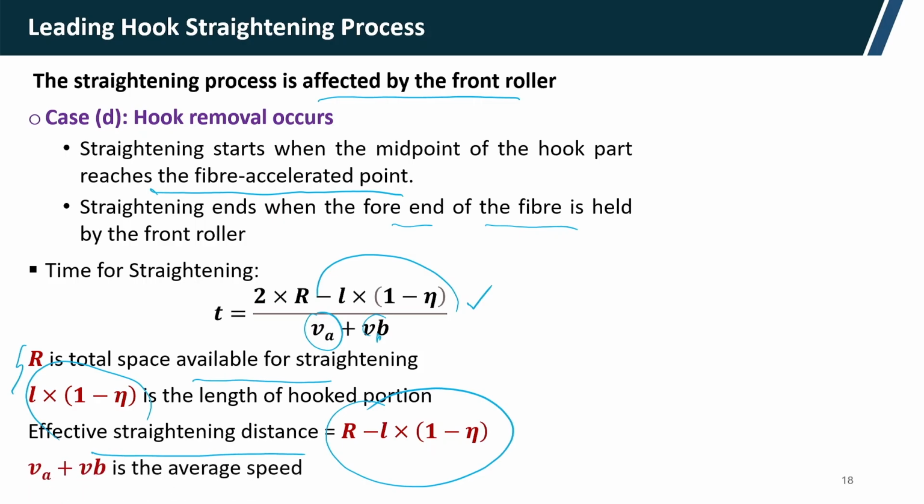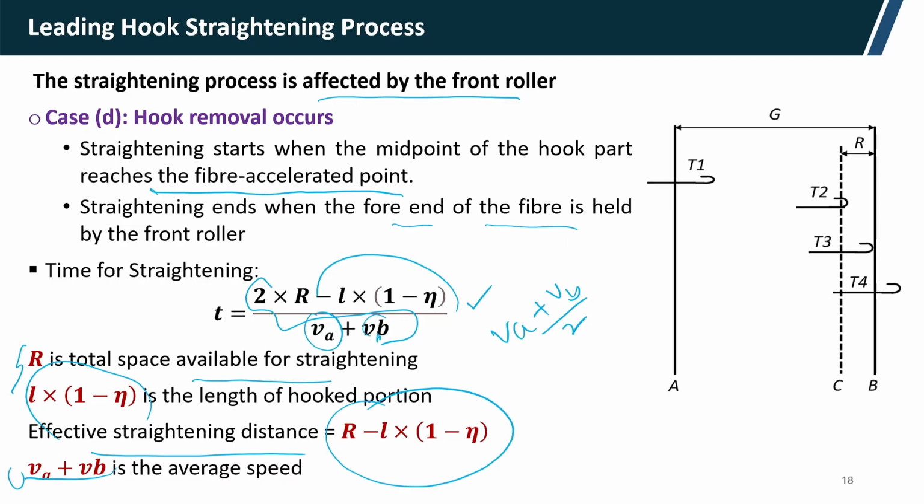And here, (VA plus VB) by 2 is the average speed. The denominator is not showing, but (VA plus VB) by 2 is the average speed.